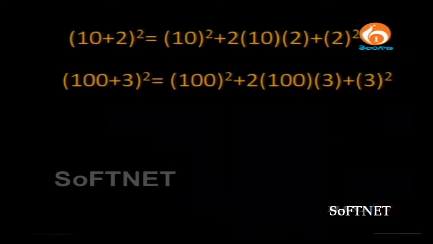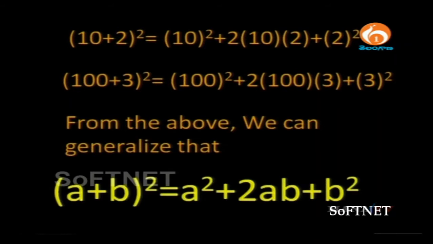10 plus 2 whole square is equal to 10 square plus 2 into 10 into 2 plus 2 square. Likewise, we observed 100 plus 3 whole square is equal to 100 square plus 2 into 100 into 3 plus 3 square.